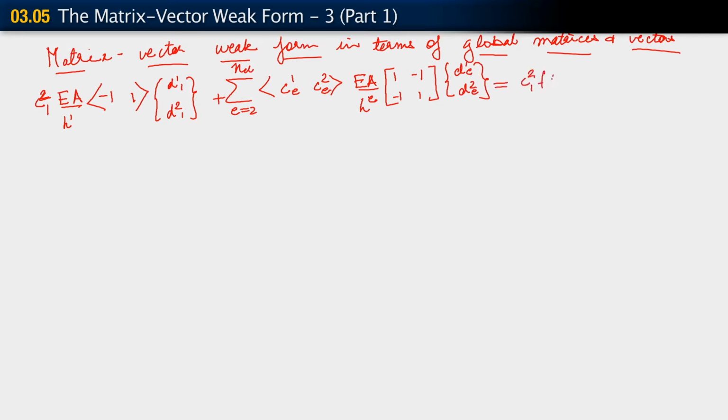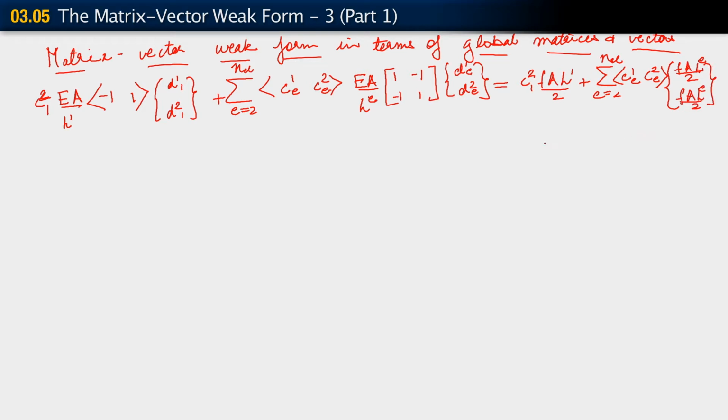C2 1 times F A H1 over 2, plus the sum E going from 2 to number of elements of C1E, C2E, multiplying the vector, forming a dot product actually, with the vector with components F A HE over 2, F A HE over 2.